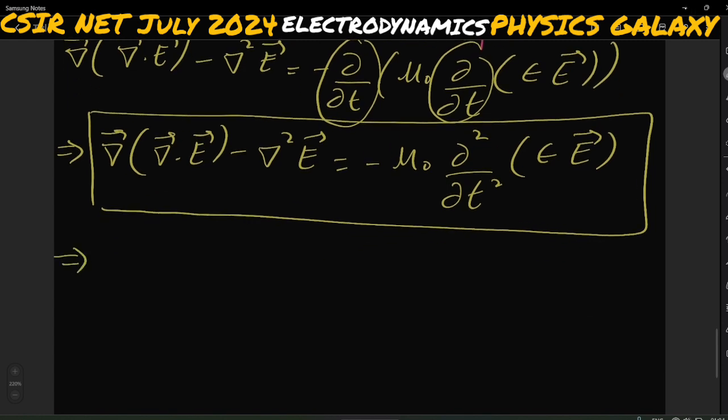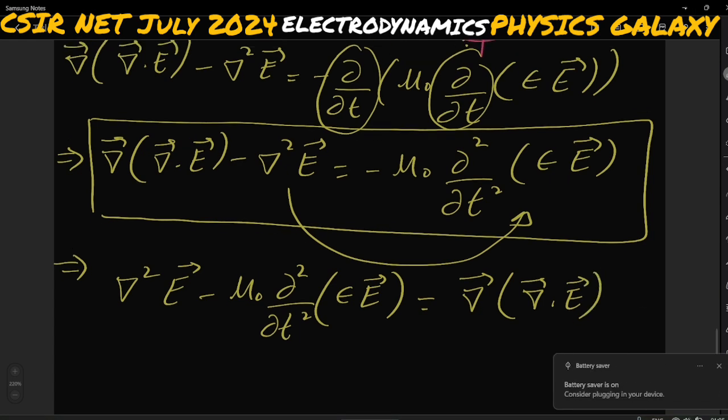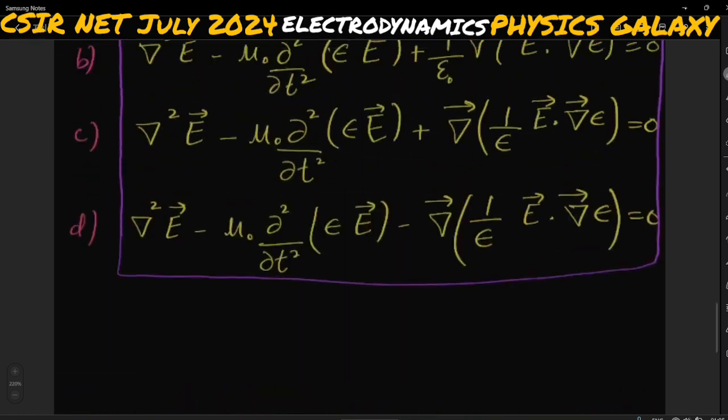Now you can write it here like this. I will take this to this side, so what I will write basically is del square E minus mu naught dou square by dou t square of epsilon electric field, okay, equals to gradient of the divergence of E. If you can see, it looks familiar to the above expressions given.